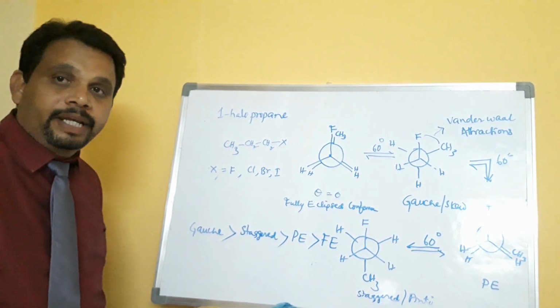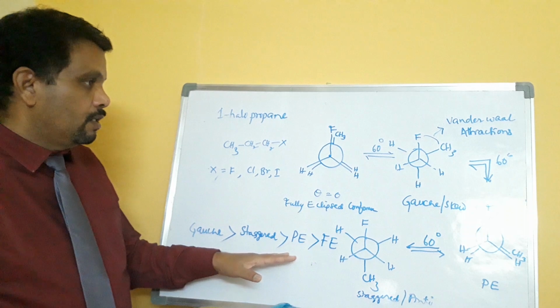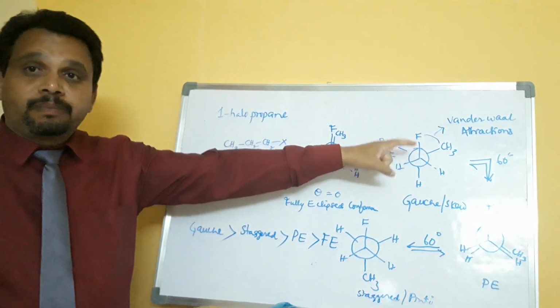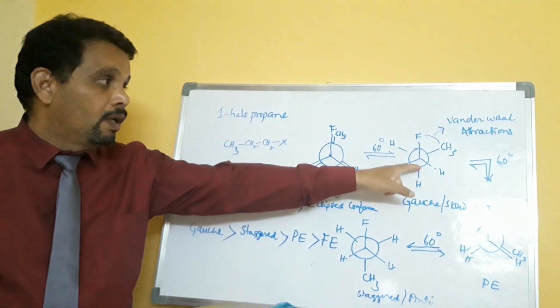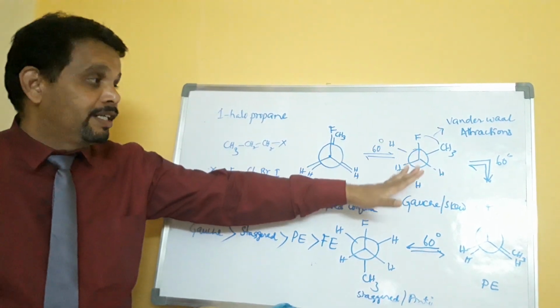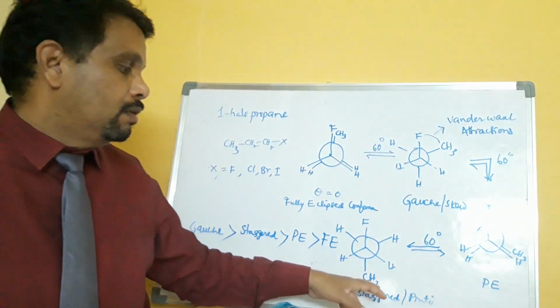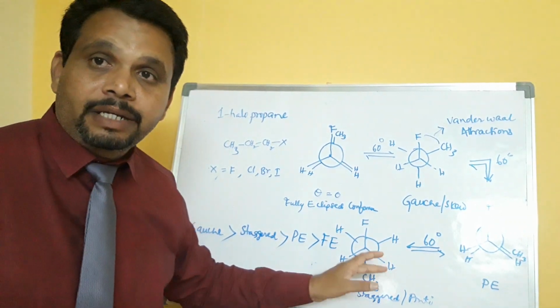Okay, fully eclipsed conformer. So here the van der Waals attractions play an important role which contributes stability to the gauche or skew conformer more than the staggered or anti-conformer.